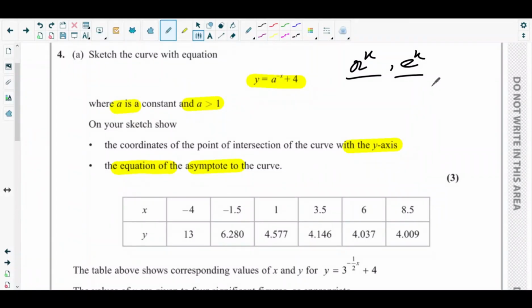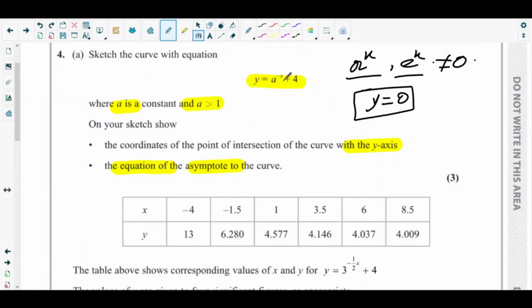That's why their curves always remain above the x-axis, with an asymptote at the x-axis, and these values can never be equal to 0. So on exponential curves the asymptote is at y equals 0, a horizontal asymptote.